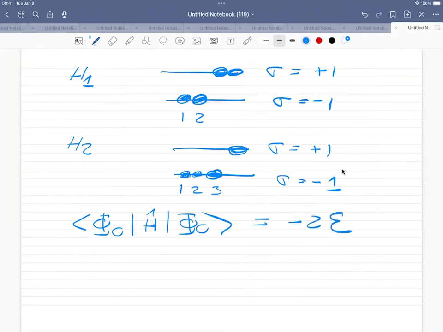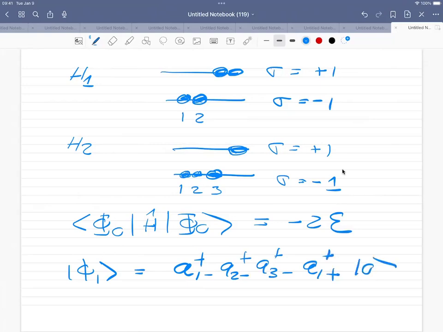Now we can complicate life if we want to, and look at other states. You could think of defining a state phi 1 like that. For this phi 1, where we differ by one single particle state, this could be given by A1 in a spin minus, A2 in a spin minus, A3 in a spin minus, but then I could have an A1 in a spin plus, acting on the vacuum state.